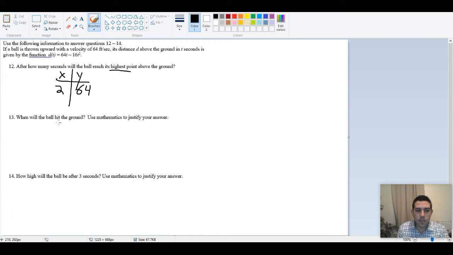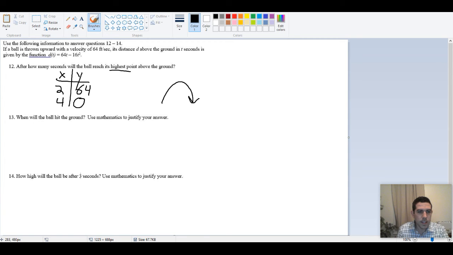When will it hit the ground? Well, that would be when y is 0, and most of us figured out that it was at 4 seconds. Not so much the first 0 at 0, but at 4 seconds it was on the ground again. If you had said something about a table, or maybe even plugging in 4 into the equation to get 0, anything like that would be worth points.